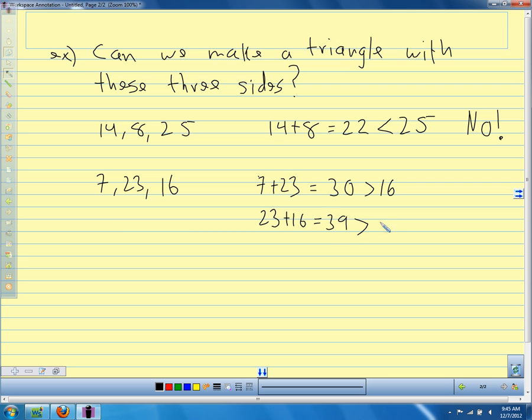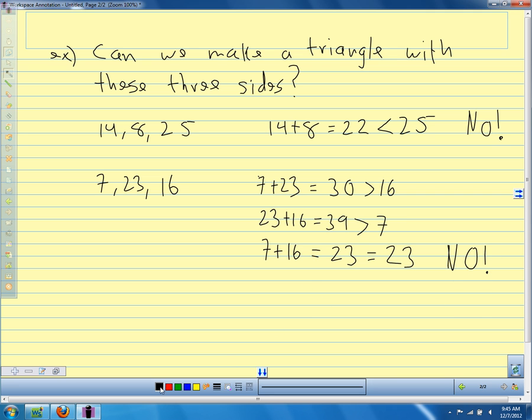Well, that's way bigger than 7, so those two sides are okay. 7 plus 16 is 23. That equals 23. It's not bigger than 23, it equals 23. So we still can't make a triangle.